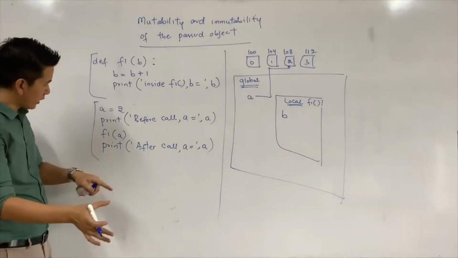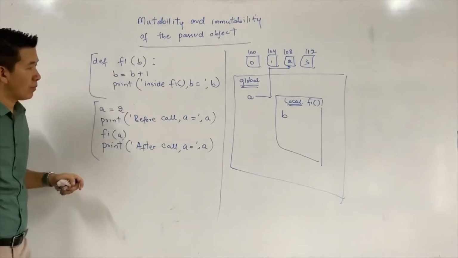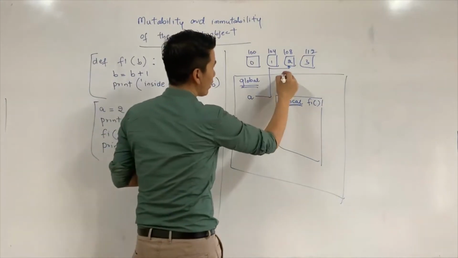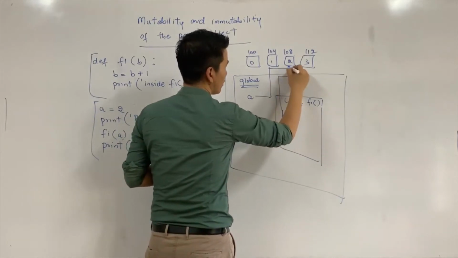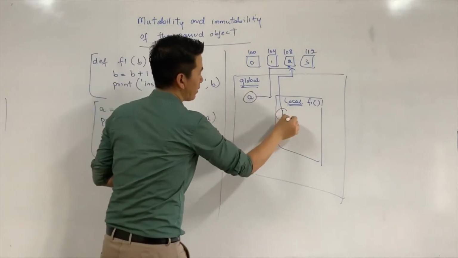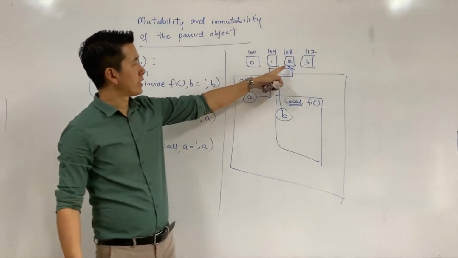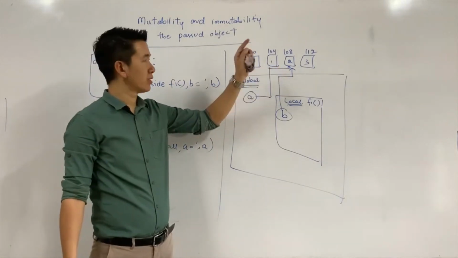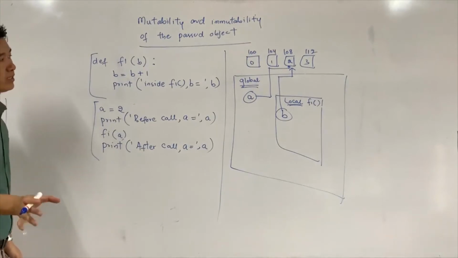So initially, when the value of a is passed to b, b will also point to this. So a and b are both pointing to the same memory address which has the integer value of 2, right? So you need to understand this.